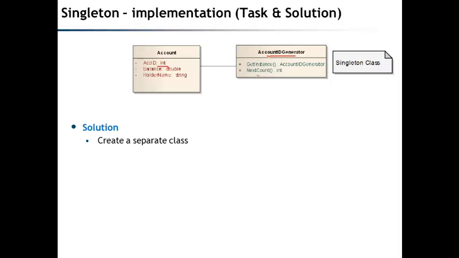And I do not need multiple instances of my account ID generator. I would just need a singleton instance created of the ID generator, and any class that wants a new ID simply calls a next count function that's set up in my ID generator to generate the next ID, unique ID, and retrieve it.